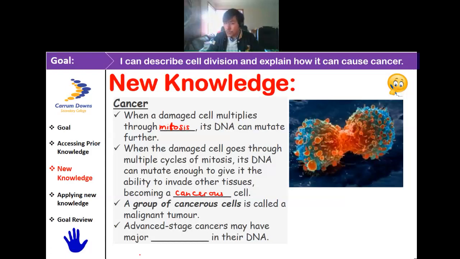And a group of cancer cells is called a malignant tumor. Okay, and if you get into the advanced stage of cancer, then you can see that there are going to be major changes to the DNA.